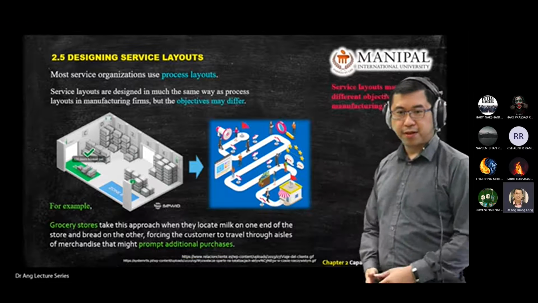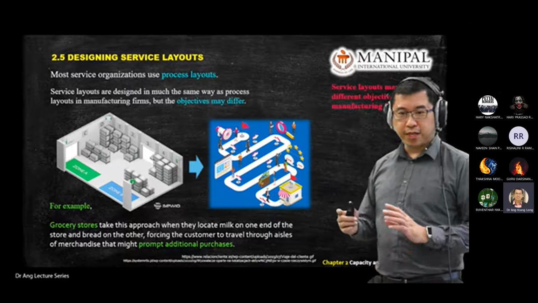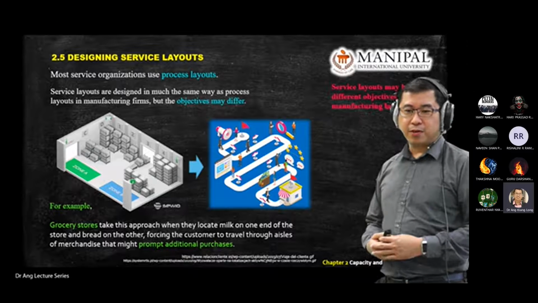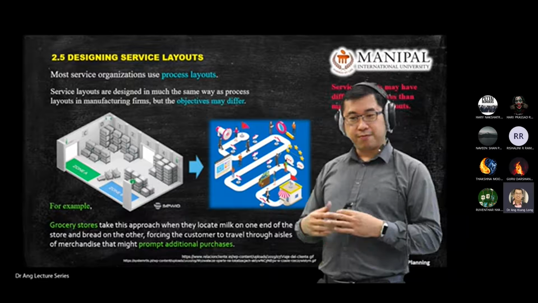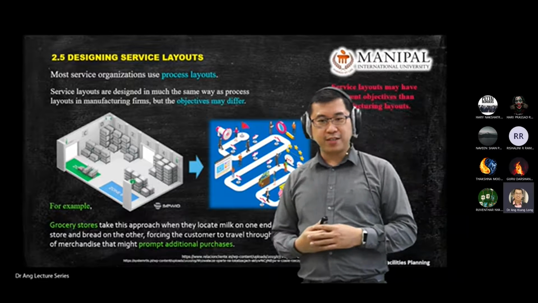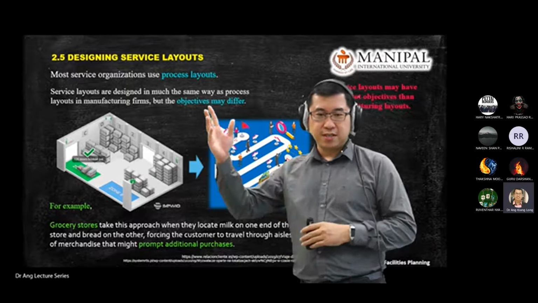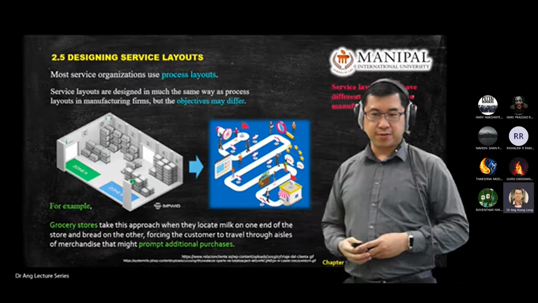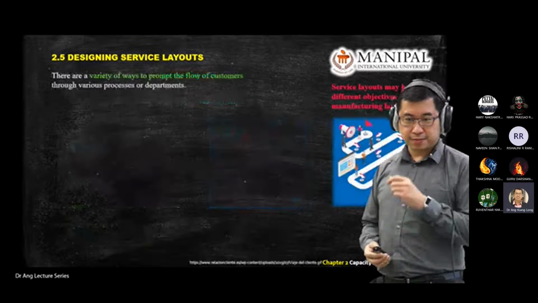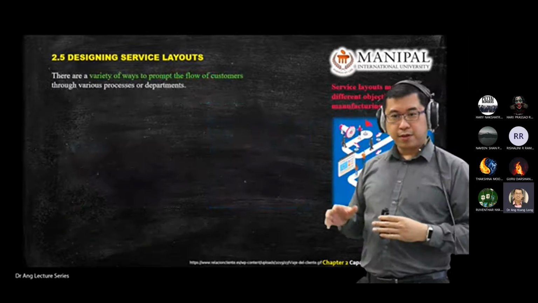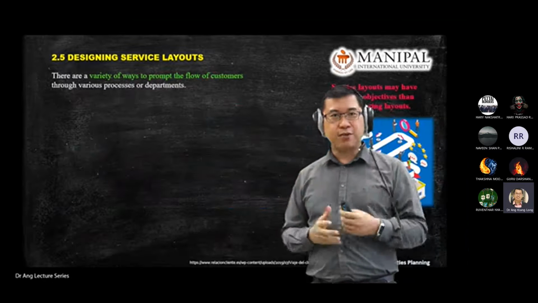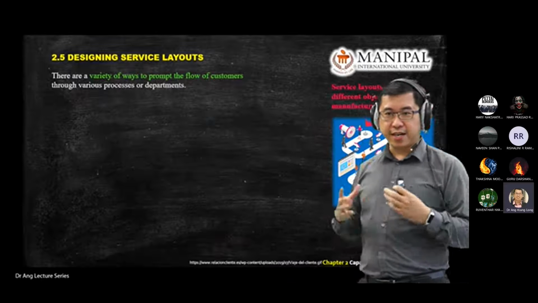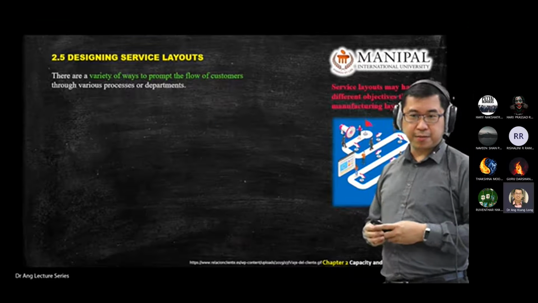So again, one of the motivations why the owner chooses service layout is to prompt additional sales, right? Keep in mind, imagine your experience in IKEA or a department store.